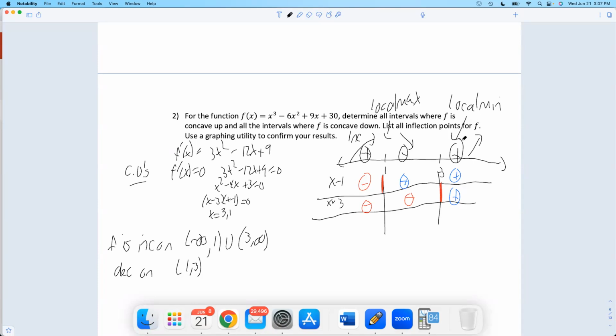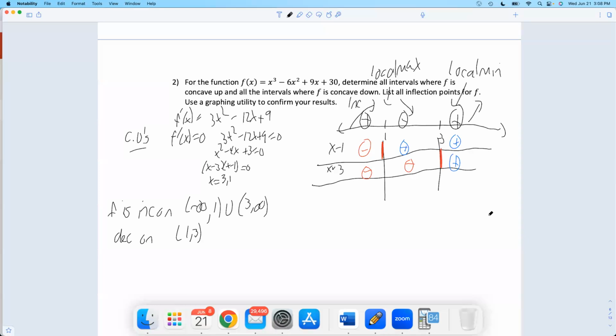We'll figure out what those values are when we do a graph. Right now, we're doing rough sketches. If the question said to draw a very detailed graph of this function, we'd have to find out what those y values are. But right now, I don't care.